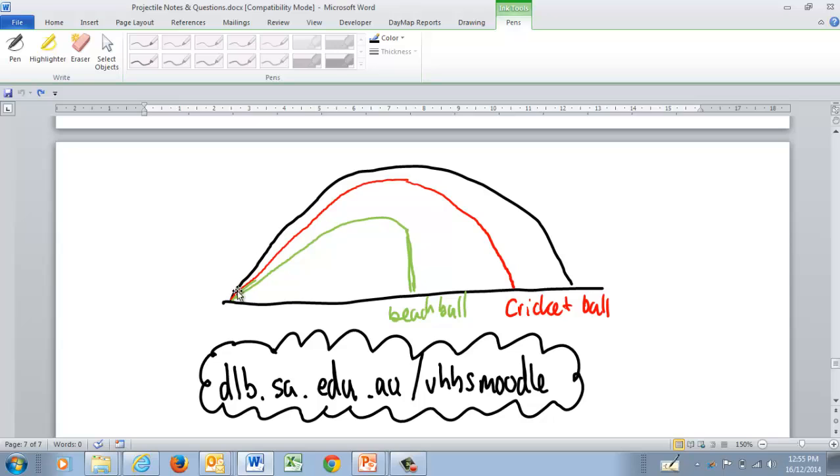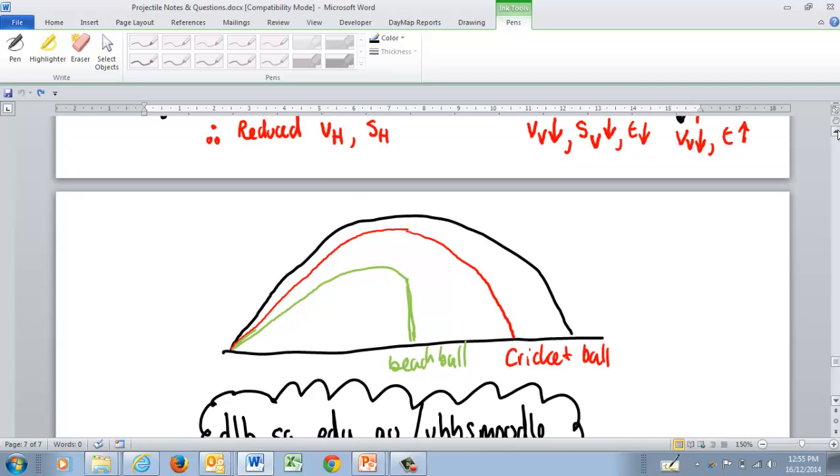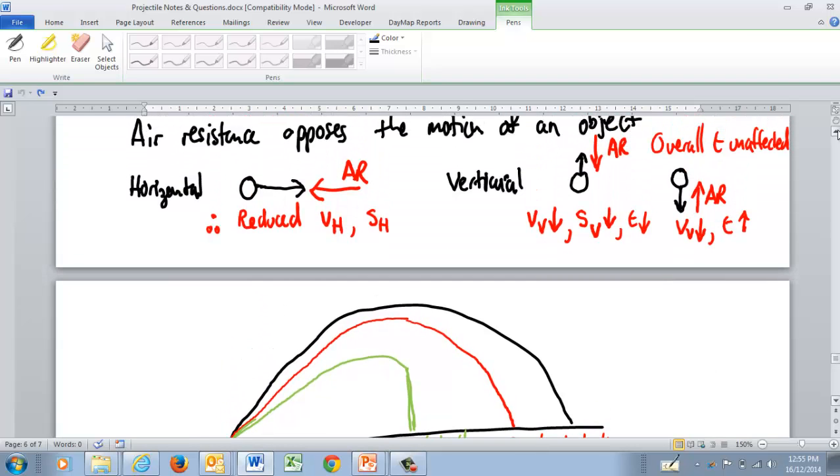A beach ball, though, because it's very light and has a massive surface area, is not going to follow that parabolic path, but is going to have that sort of path there where it doesn't go nearly as high and certainly doesn't travel as far in its range. So you get the idea.